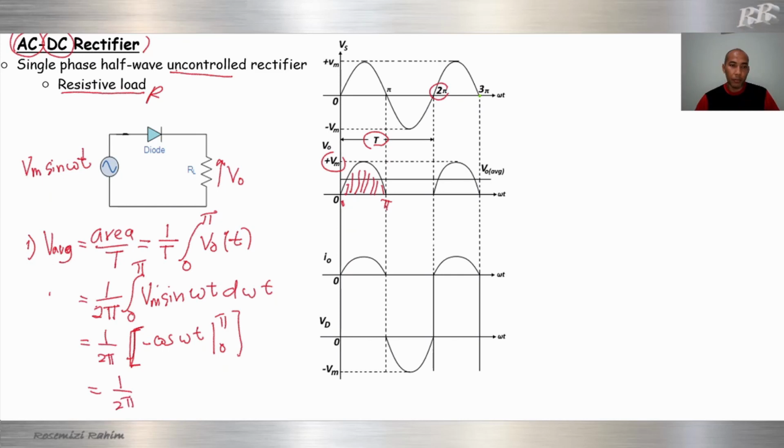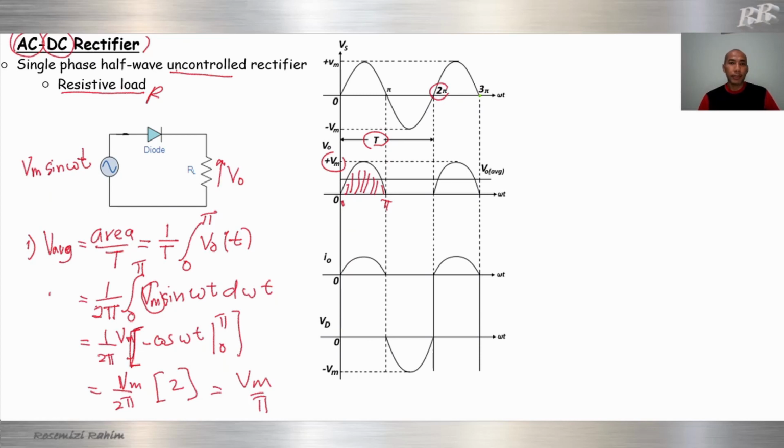Sorry, this one is Vm, take Vm out. Equal to Vm over pi. This is V average.